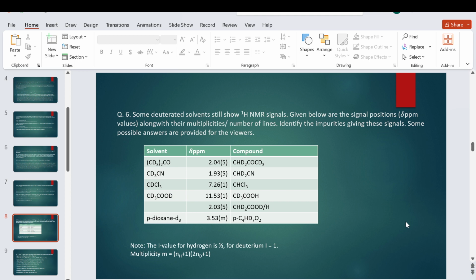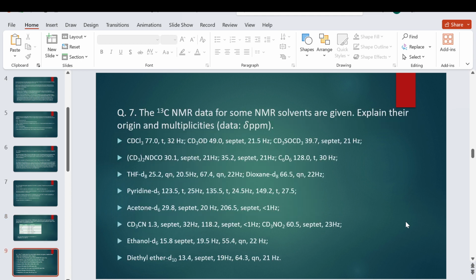The formula for calculation of M where two different spins are involved is (2nsIs plus 1) multiplied by (2nDID plus 1). Question number 7 reads, carbon-13 NMR data for some NMR solvents are given. Explain their origin and multiplicities.